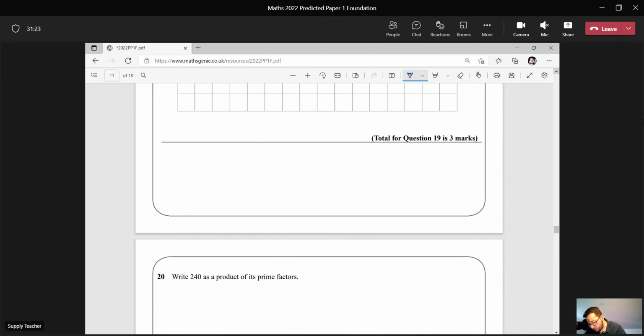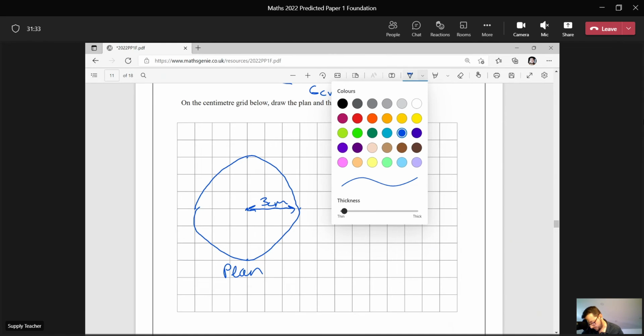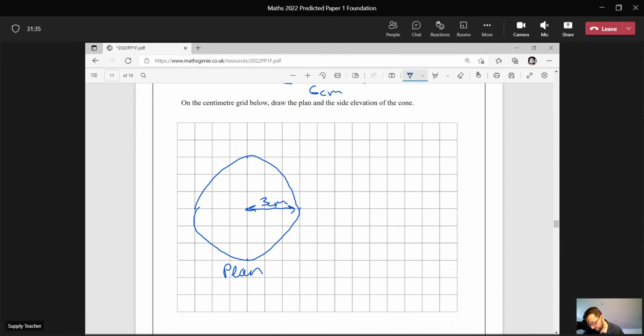So we want to draw, it needs to be 6 across. So again, I would use a ruler if I could. I don't think I've got a straight line option here, have I? No. Alright, so you're just going to have to put up with my terrible drawing. So this is going to be 1, 2, 3, 4, 5, 6. And the height is 8. So let's just look at that.